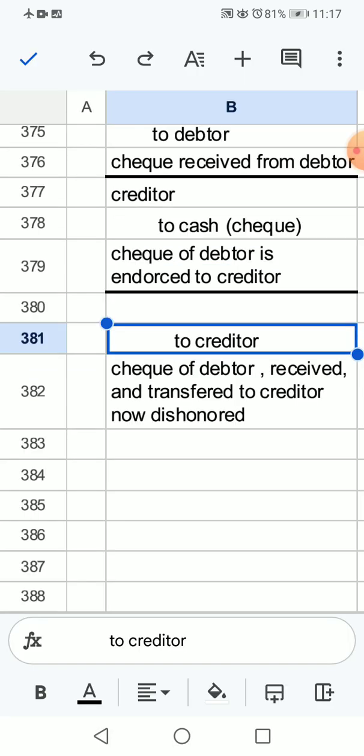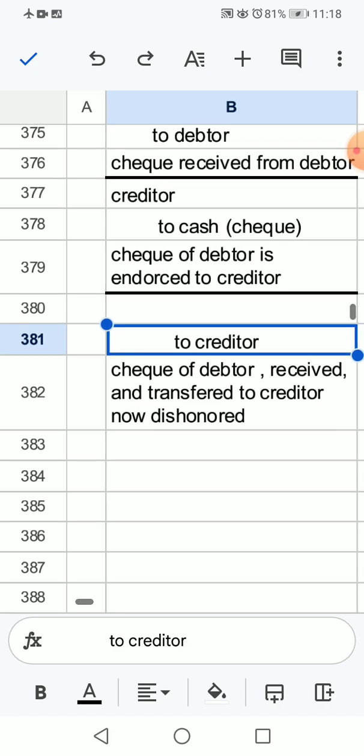Now where you will go? When check has been dishonored, creditor had come to you and had given that check to you, and where you will go? You will go to your debtor and will inform your debtor that check has been dishonored and you will demand to pay again.